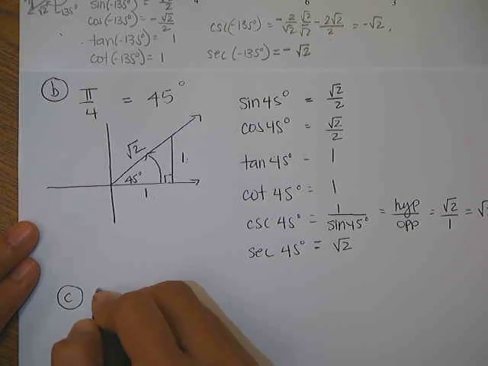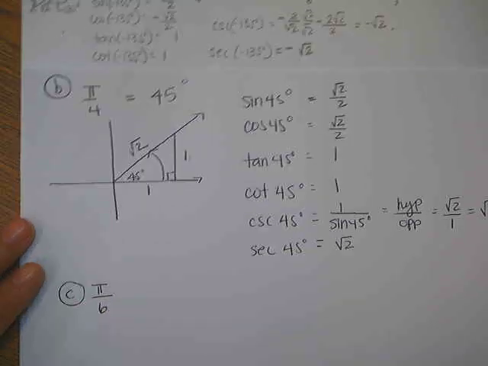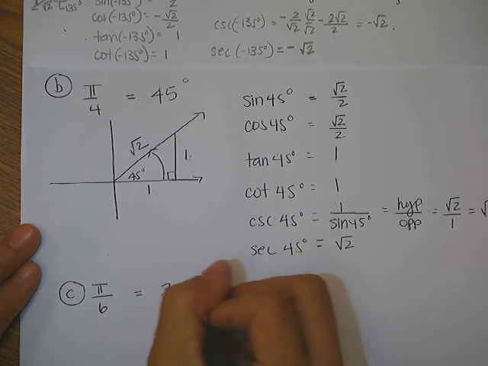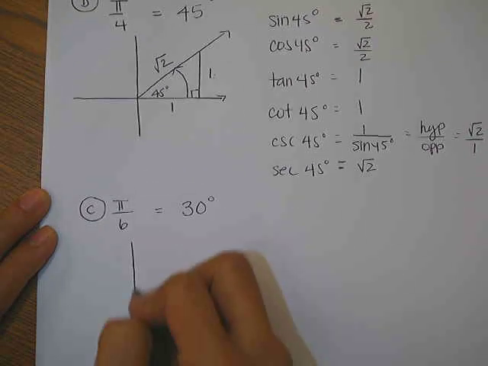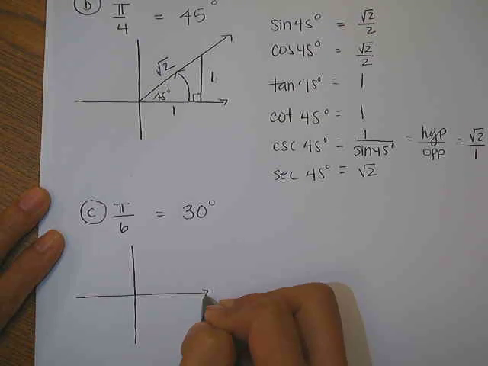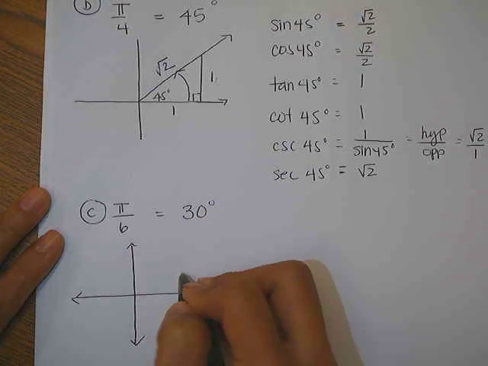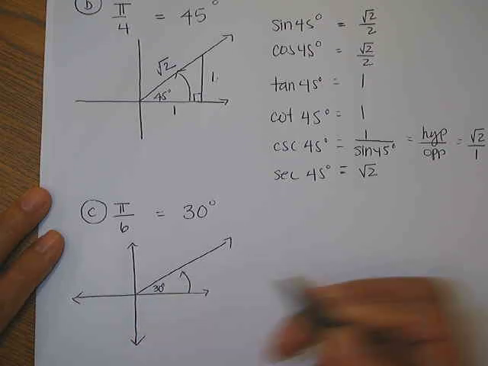C. I'm asking you to find the 6 trig functions of pi over 6. And pi over 6, by now you should know, is equivalent to 30 degrees. So let's draw that out. Okay, so 30 degrees is this little piece right here, or pi over 6.